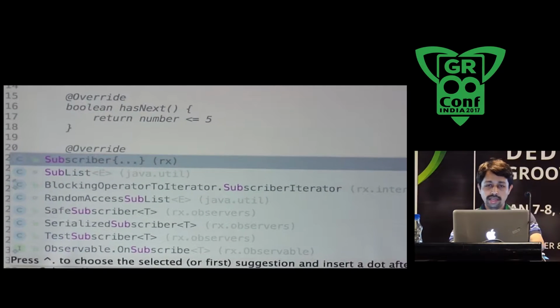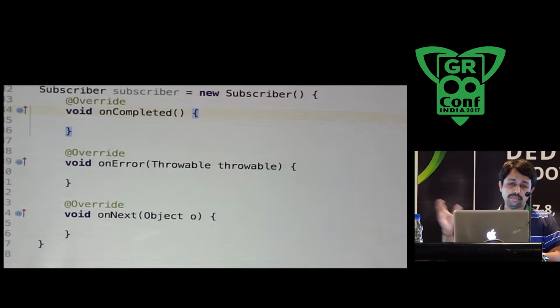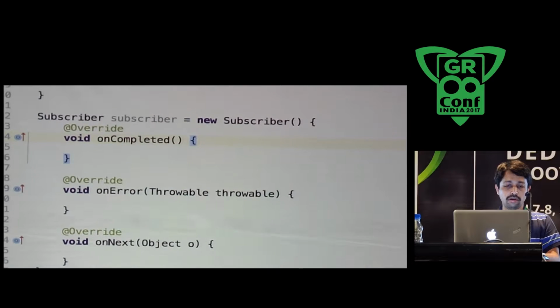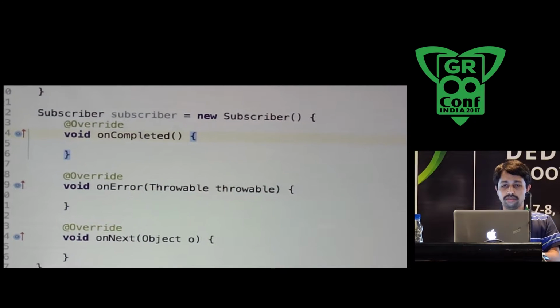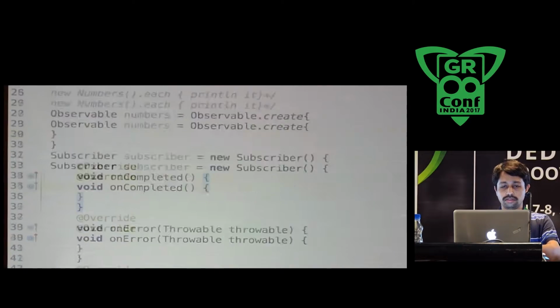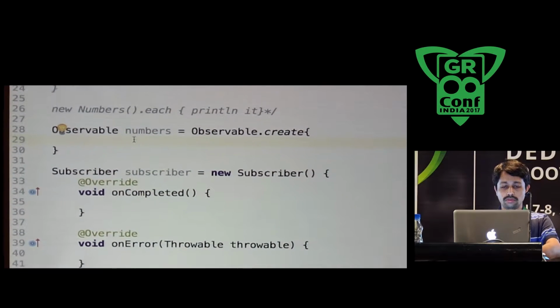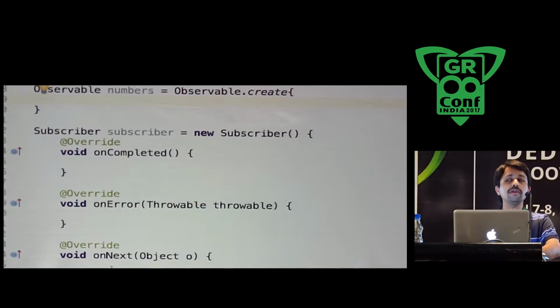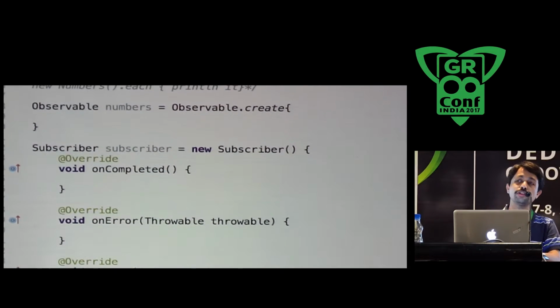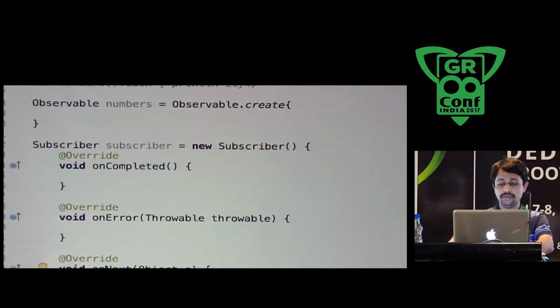It has already given me the templates for onCompleted, onError, onNext, etc. onNext will be very similar to the next you saw in the iterator.